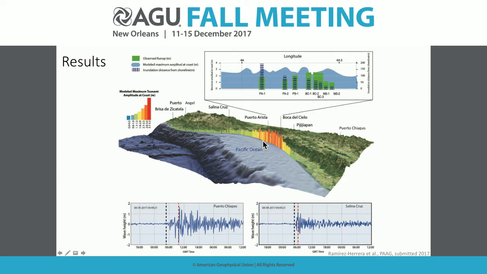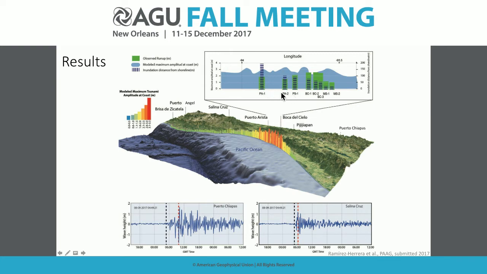So, summarizing, it was really nice to have the tsunami model because our post-tsunami survey results show that the amplitudes and the runoff coincide nicely with the maximum modeled amplitudes, and the maximum was about 3.5 meters.